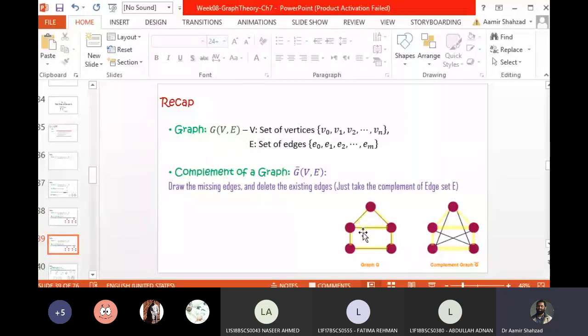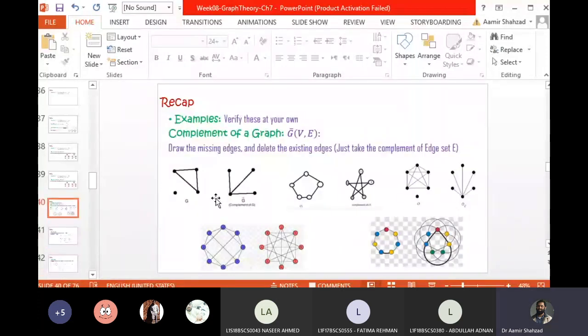If we represent a graph G and its complement with G bar, then if we take the union of G and G bar, a graph and its complement, we will get a complete graph. Similarly, we have more examples here. This is a graph on 4 nodes, and this is its complement graph. If you take the union of this, you will get a complete graph on 4 nodes.